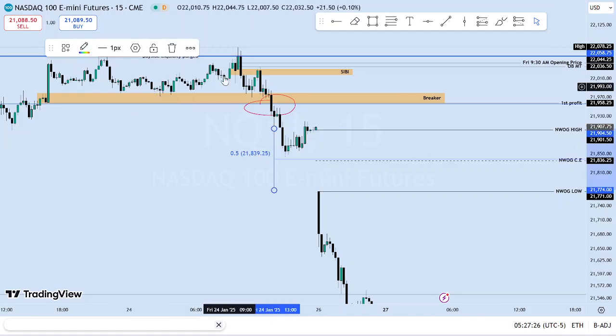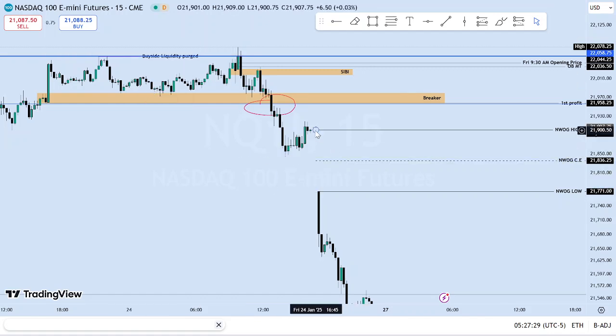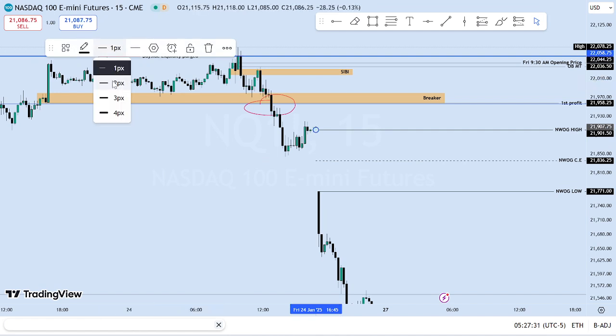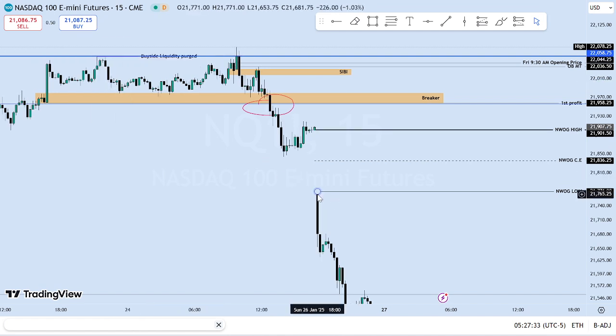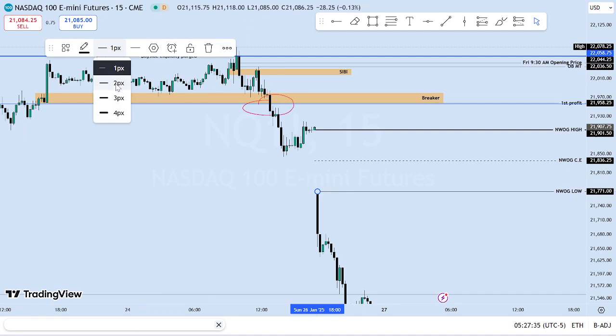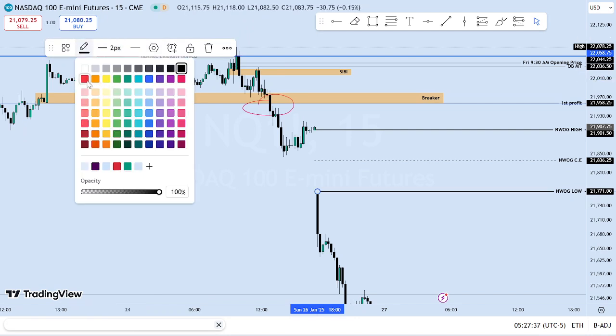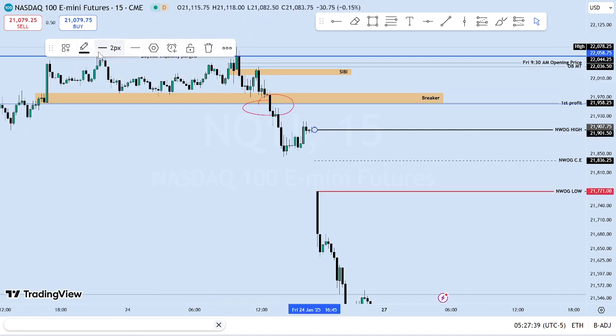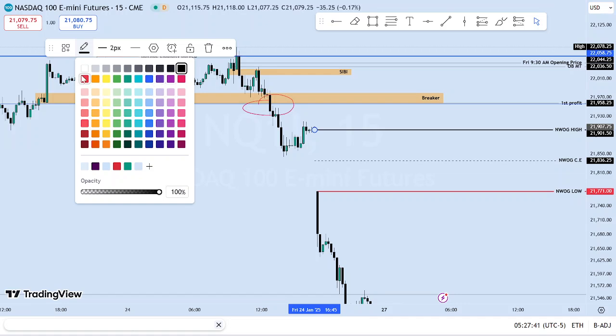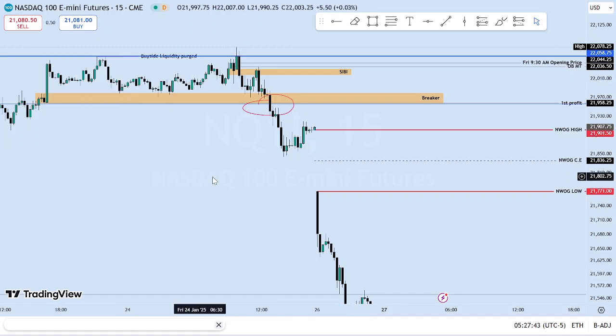You can remove your Fibonacci then. Any color you prefer for yourself is okay.